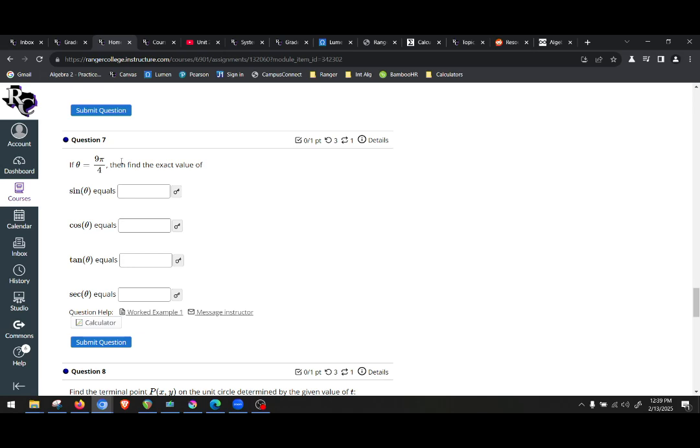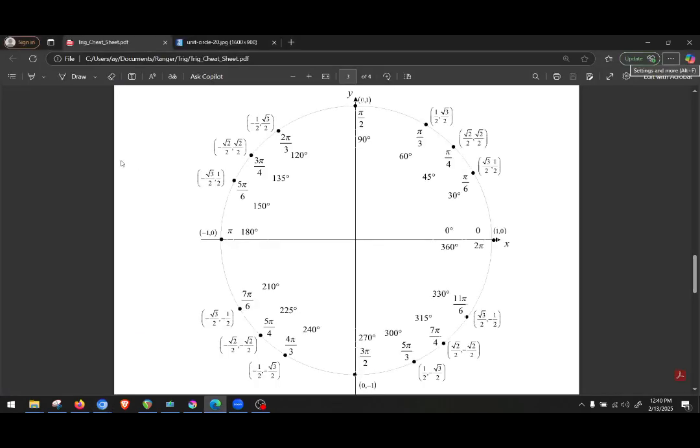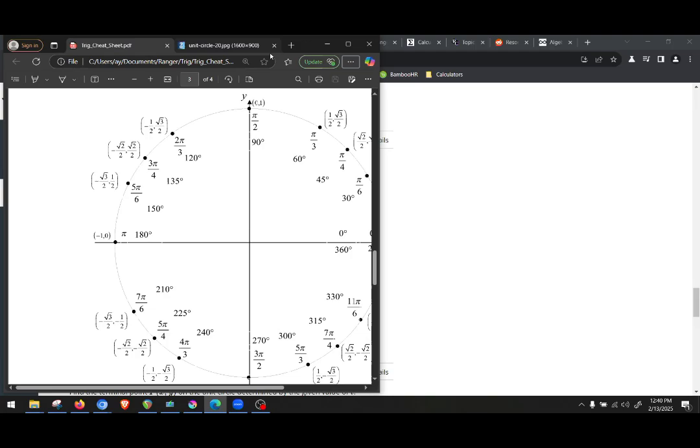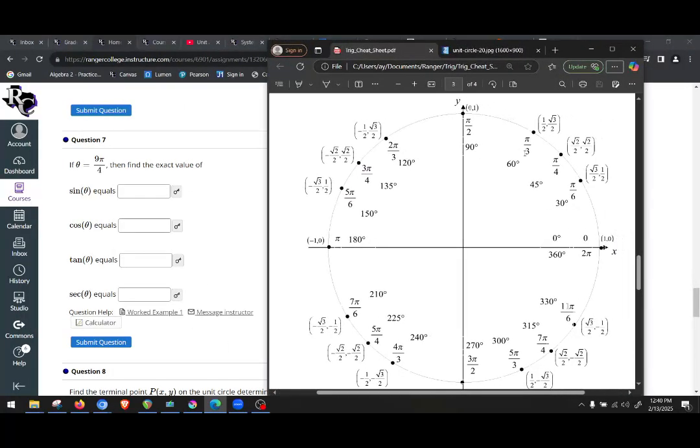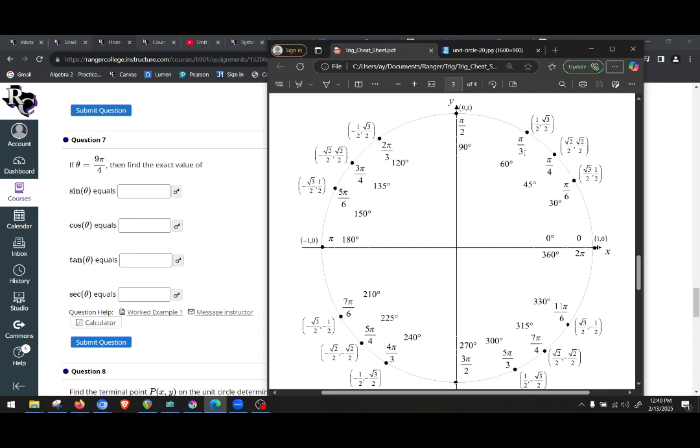Okay, number 7, let's use our unit circle on this one. So if our angle is 9 pi over 4 radians, let's find that here. Nine pi over 4.